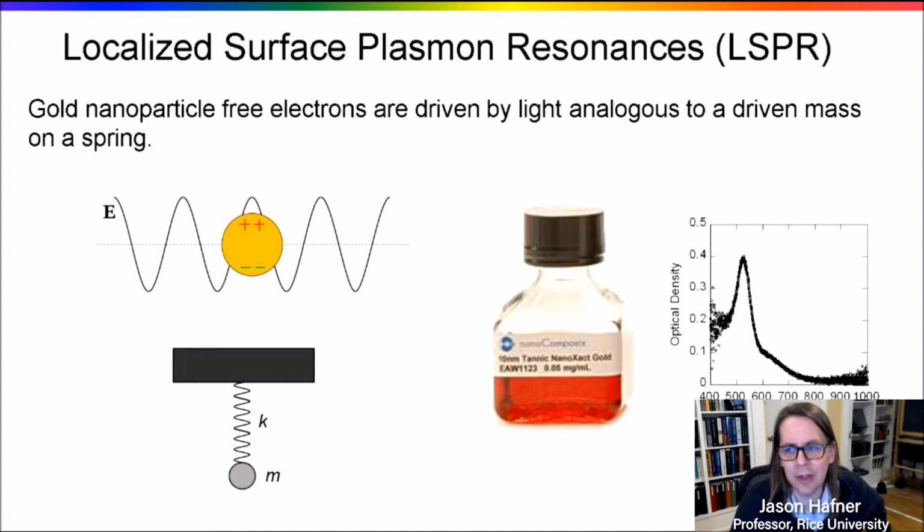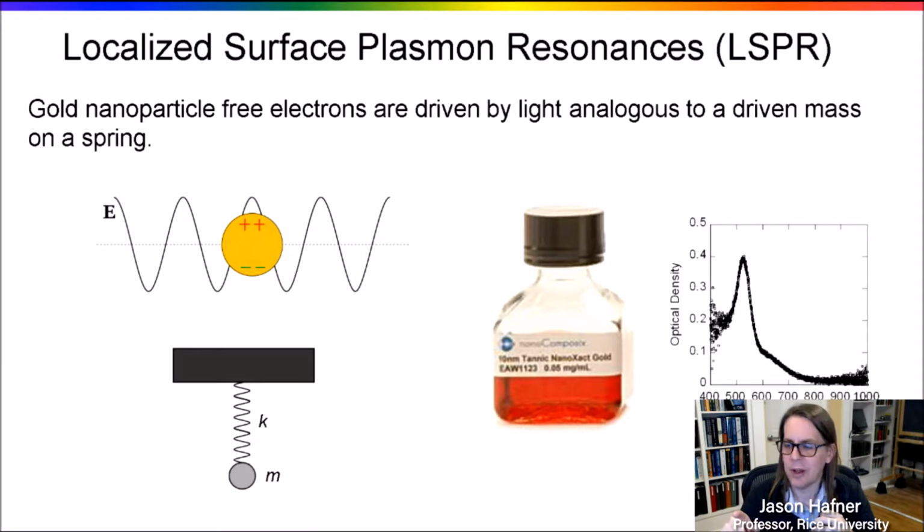And that's really exactly what is happening with the gold particles, and that's why they look red. The resonance is actually in the green. So there you can see a very pure solution of gold particles in the little red vial. And finally, to the right is a spectrum, an extinction spectrum of that solution of gold particles. And you can see very clearly that very strong peak.